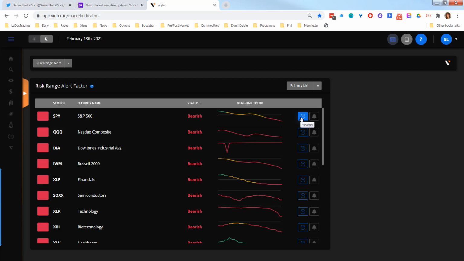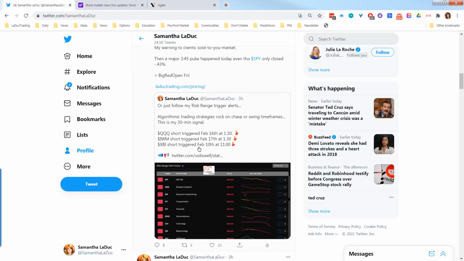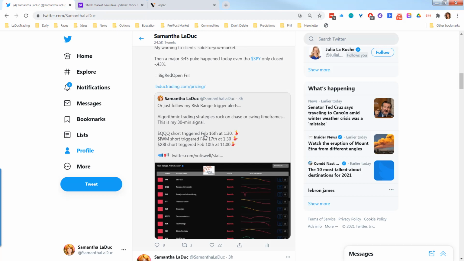And again, we're talking about a change. If this stays bearish, like for example the Qs, which I had mentioned on my Twitter, had triggered. SPY was today at 12:30, but the Qs triggered 2 days ago, and IWM short triggered yesterday.